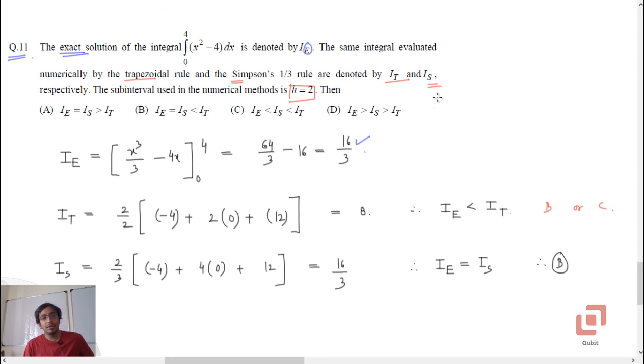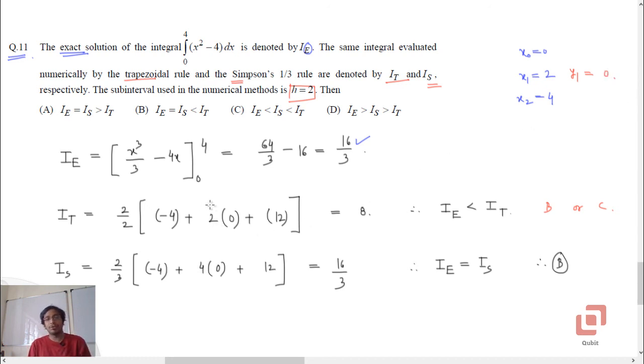Now for the trapezoidal rule, because the step size is 2, x0 will be 0, x1 will be 2 and x2 will be 4. So there will only be 2 trapeziums, and the only value of y that will come twice is the one associated with x1, which is 2 squared minus 4, so 0.